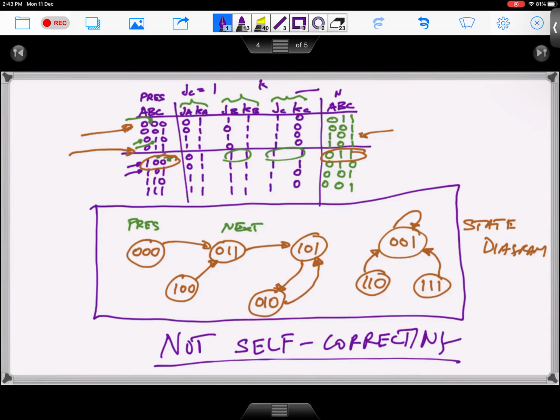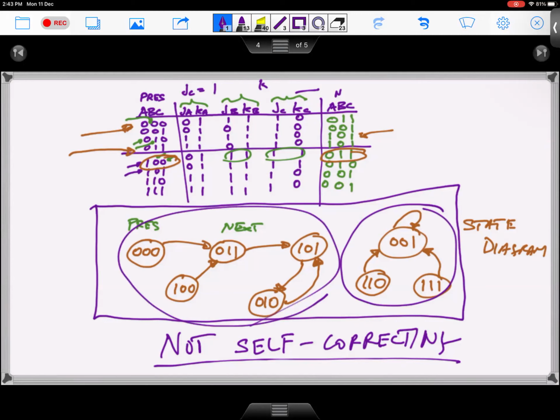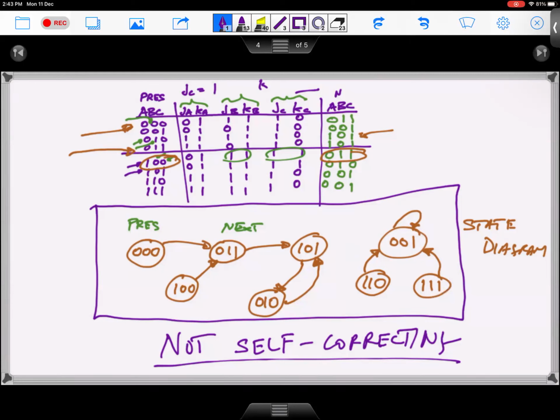Well, your diagram is discontinuous. It consists of 2 separate parts. It is, in fact, 2 separate diagrams. There is no connection between this one over here and this one over here. No connection whatsoever. So as a result of that unfortunate occurrence, it is not self-correcting. Okay?